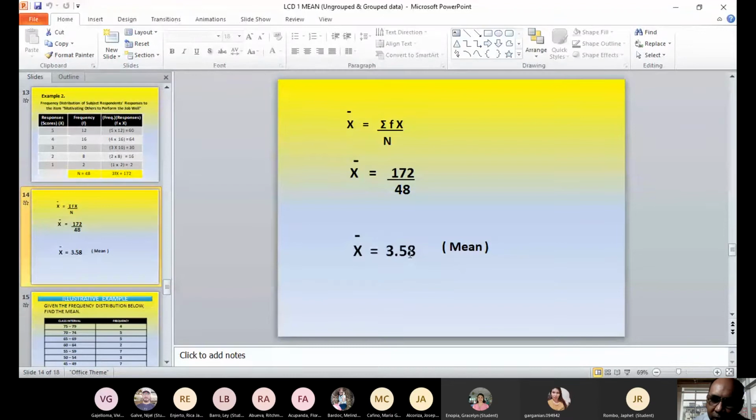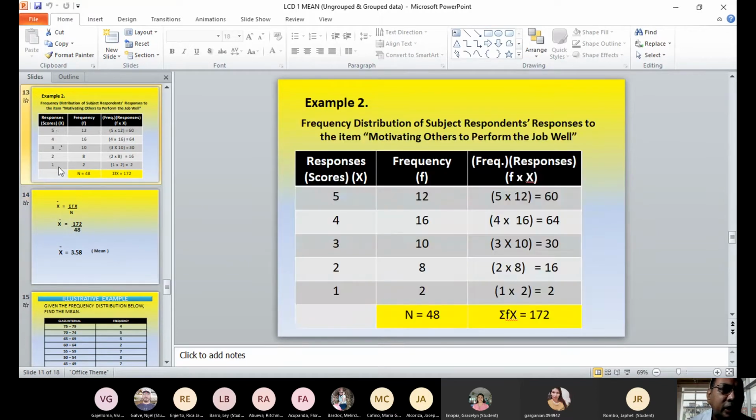So how do you construct a frequency distribution table? We go back to our topic last prelim. The highest is 5 while the lowest is 1. So find the highest score minus the lowest score.